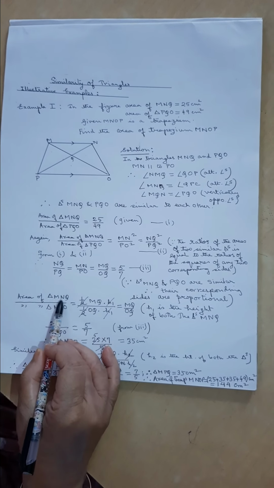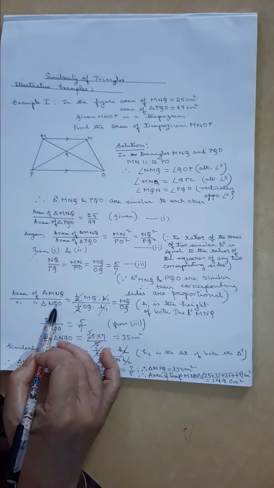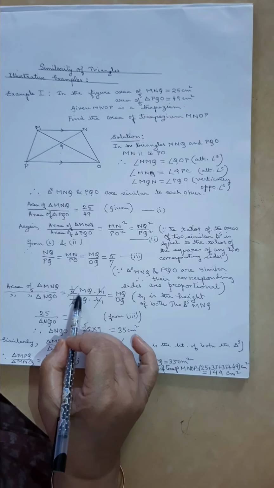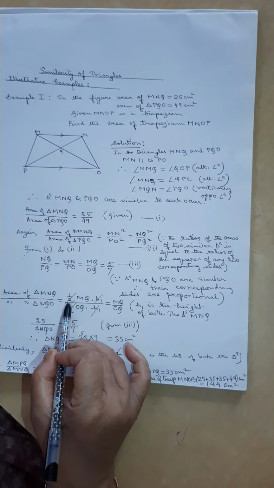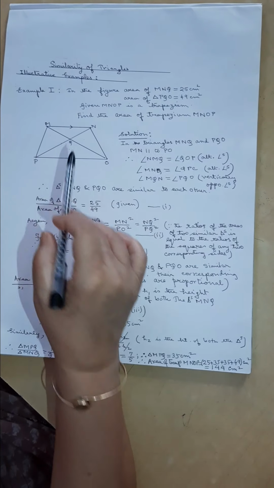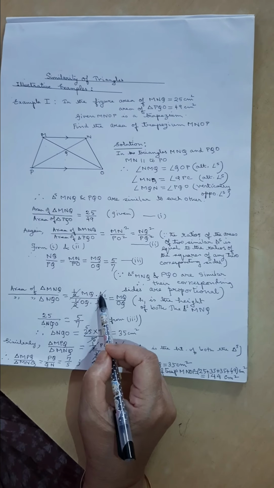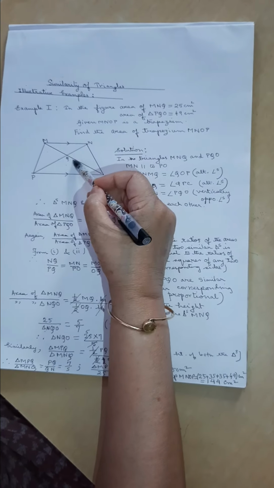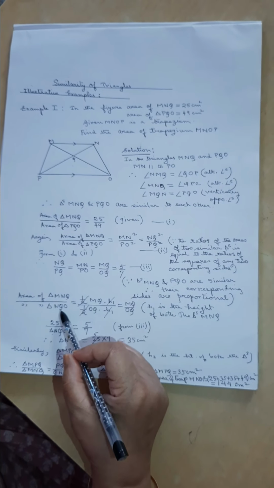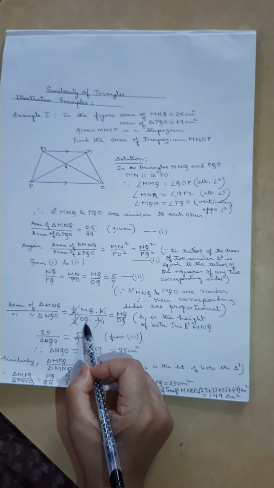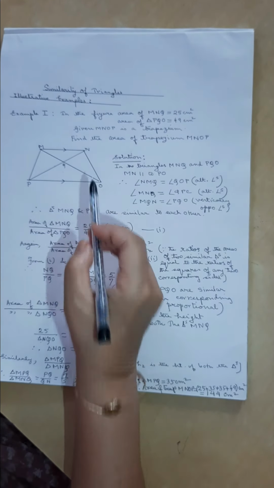Again, area of triangle MNQ over area of triangle NQO is equal to half base into altitude, that is half MQ into height H1, by half OQ into H1, which is equal to MQ by OQ.